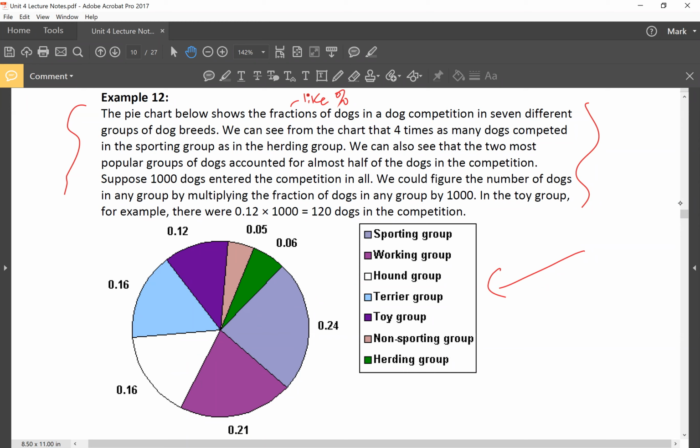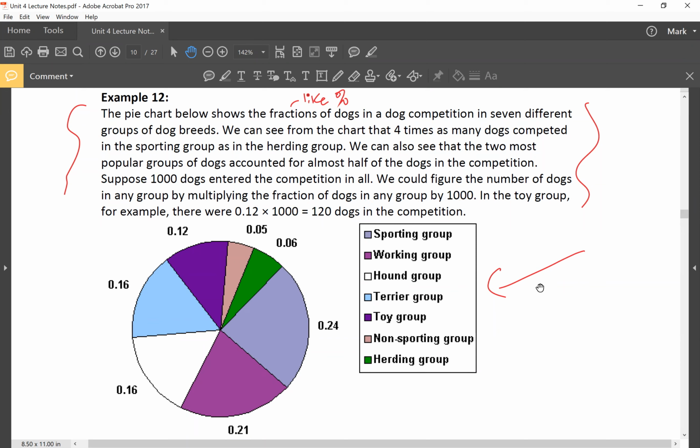Okay, so you can figure out the number of dogs in any group here by multiplying the fraction by the number of dogs in the competition. And in this question, it says, well, what if we had 1,000 dogs? How many dogs, if we had 1,000, would be in the toy group?